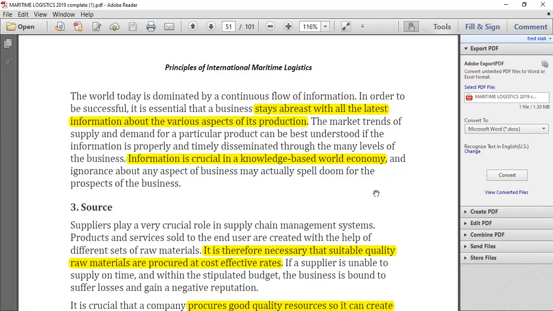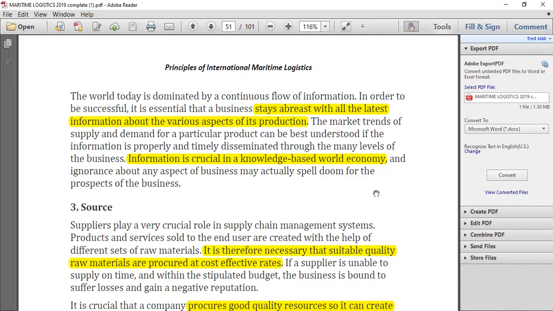If we disseminate the information in a proper manner through the various levels of the business, it becomes key to the success of the supply chain. Information is crucial in a knowledge-based world economy, and ignorance about any aspect of business may actually spell doom for the prospects of that business.